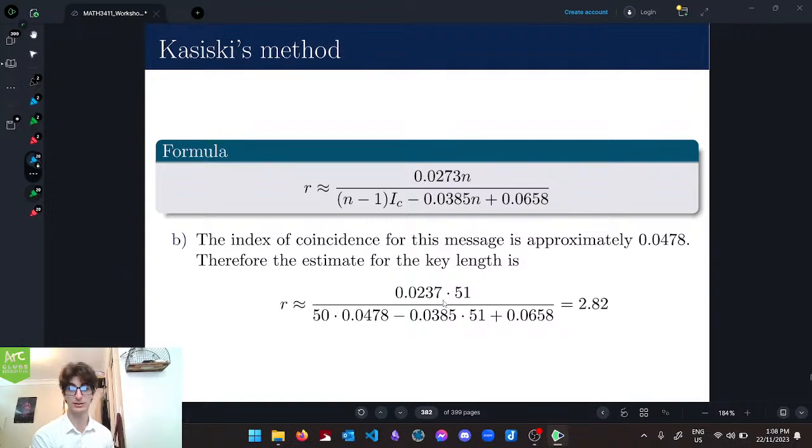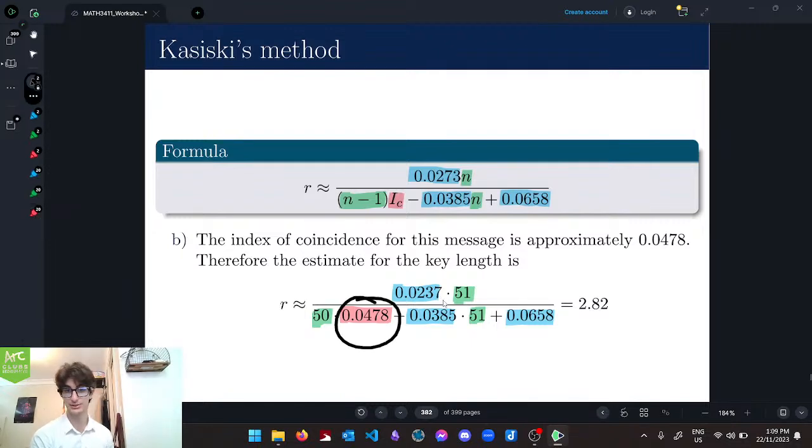Let's highlight what each individual thing is. We've got a weird constant, weird constant, weird constant, showing up here, here, and here. We've got n showing up there, there, and something to do with n there. And then we've got I sub c showing up here.